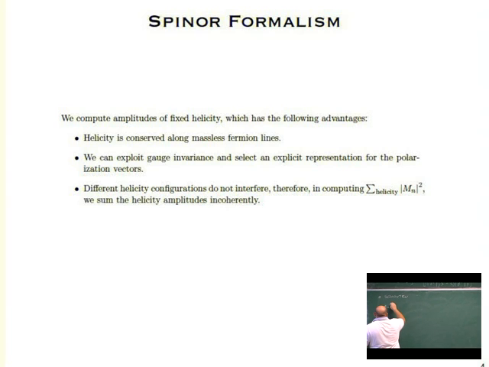Let's assume that we have two massless particles, Ka and Kb, massless. Okay, we know from the algebra of the gamma matrices that Ka slash Kb slash plus Kb slash Ka slash is equal to 2 Ka dot Kb.